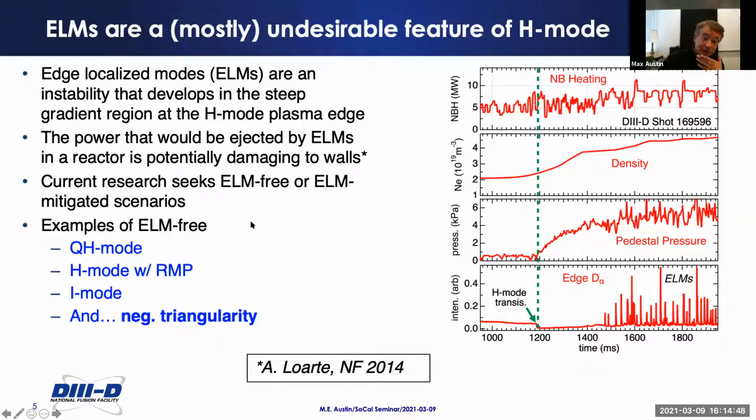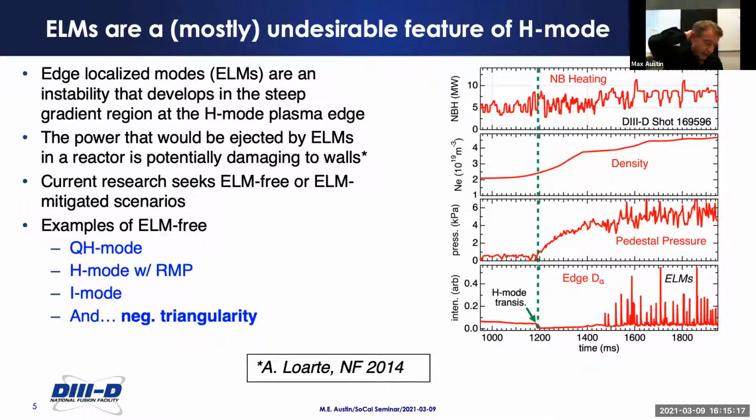But right now, current research seeks ELM-free or at least ELM-mitigated scenarios as candidates for future fusion devices. Examples of ELM-free operating regimes are the quiescent H mode or QH mode, and regular H modes with RMP, which is resonant magnetic perturbation.